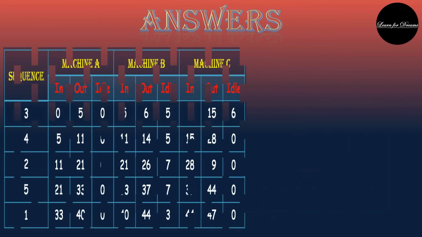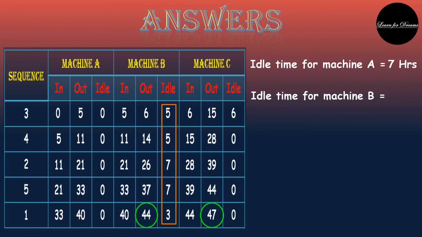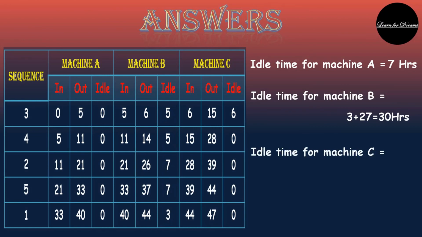Idle time for machine A is equal to 47 minus 40 is equal to 7 hours. Idle time for machine B is equal to 47 minus 44, that is 3, plus summation of all the idle times for machine B, that is 27, is equal to 30 hours.